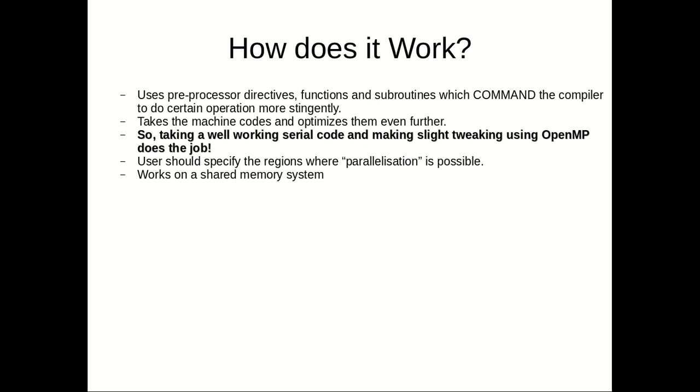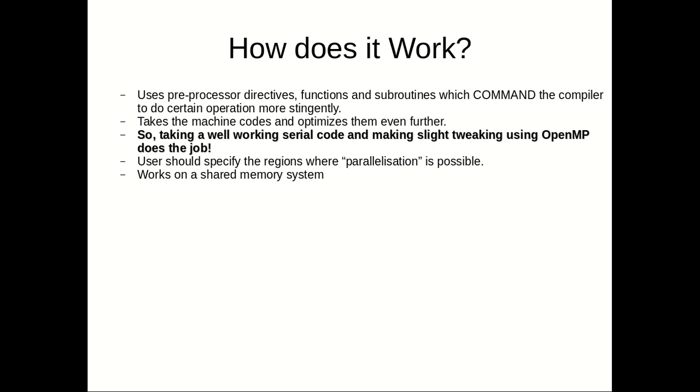So simple as that. Now the implementation is simple. You just have to take a serial program, a normal Fortran code which works perfectly in serial mode, and then add some corrections to it, or I would say tweak it slightly using OpenMP, and that's about it. Once you do that, everything works fine.